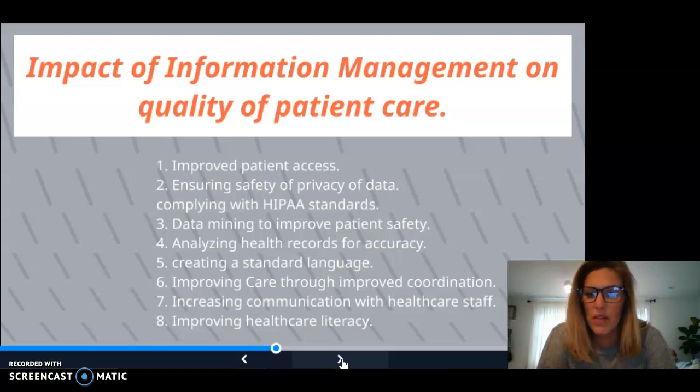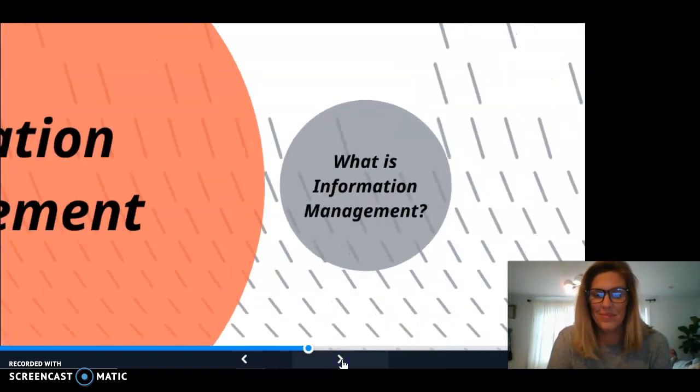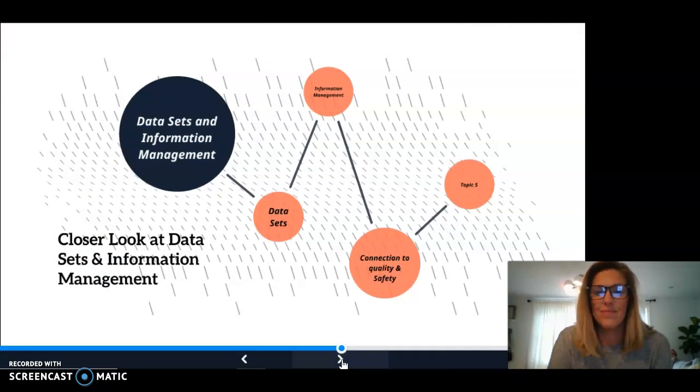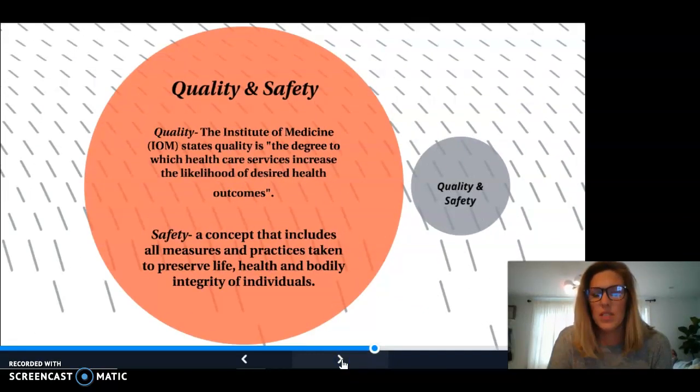Increasing communication with healthcare staff and improving healthcare literacy are some ways that improve the quality of care for patients, and information management allows this to occur. The connection to quality and safety.